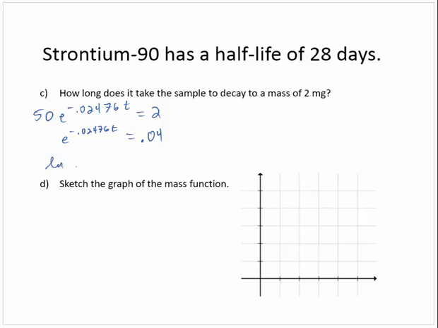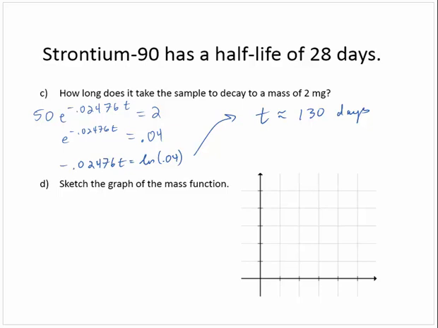Natural log on both sides, so if we apply the natural log on the left-hand side, we would just be left with the exponent. Negative 0.02476 t is equal to the natural log of 0.04, and dividing through to solve for t, we find that t is approximately 130 days.